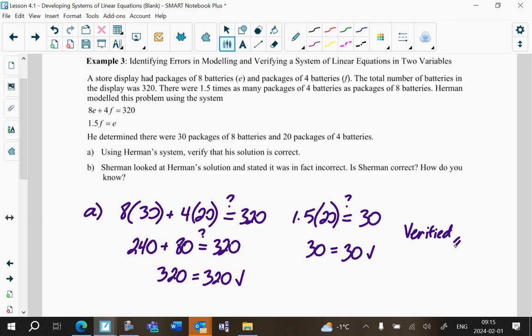Would we find the number of batteries by doing the number of 8 packages times 8, the number of 4 packages times 4, and adding them together? That seems right.